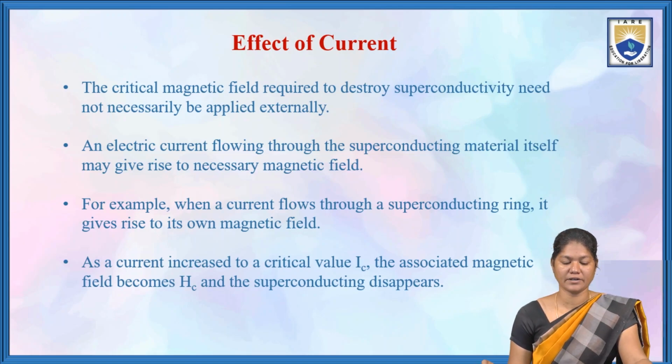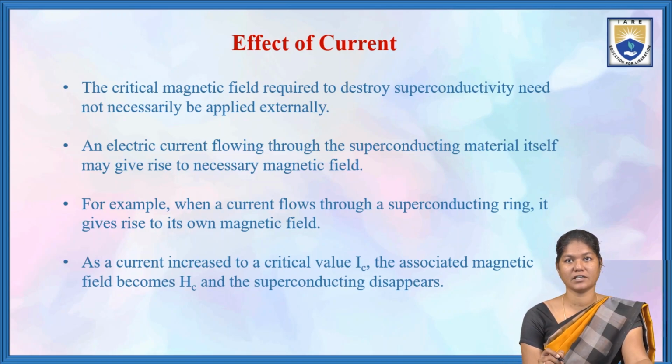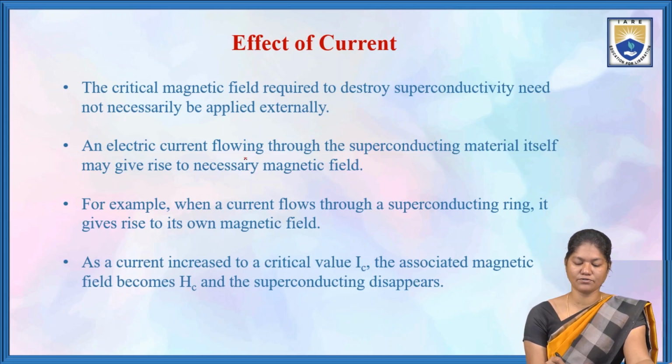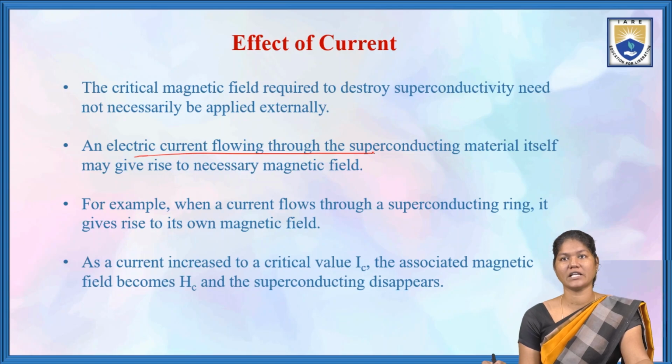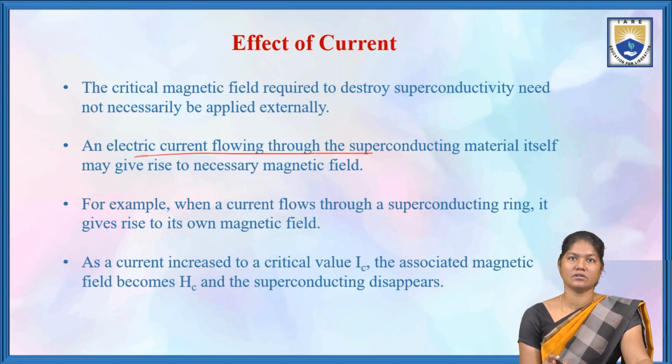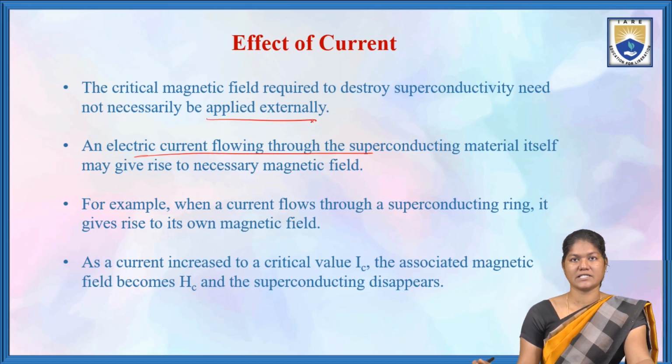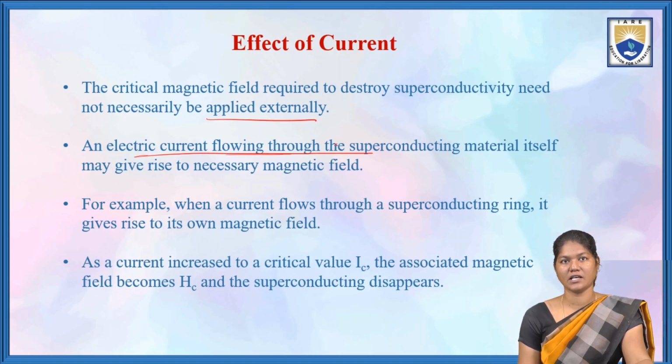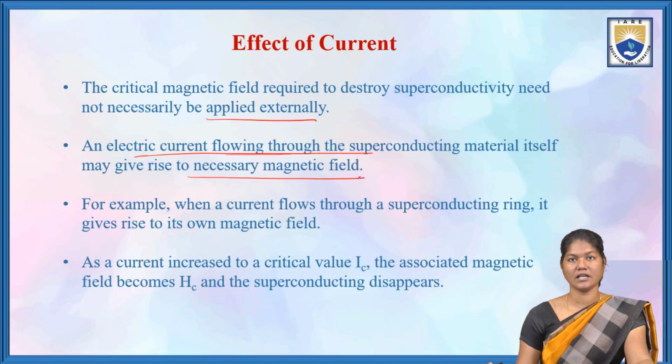Now, the effect of current. The critical magnetic field required to destroy superconductivity need not necessarily be applied externally. An electric current flowing through the superconducting material itself may give rise to the necessary magnetic field.